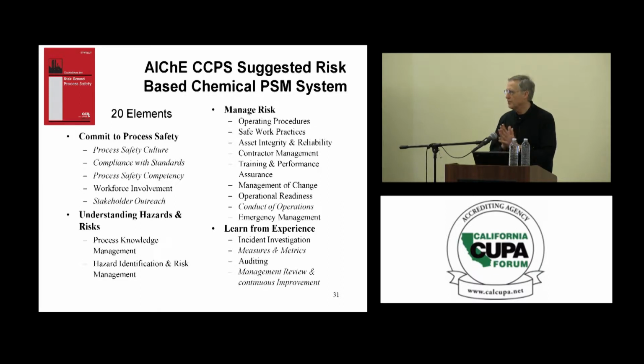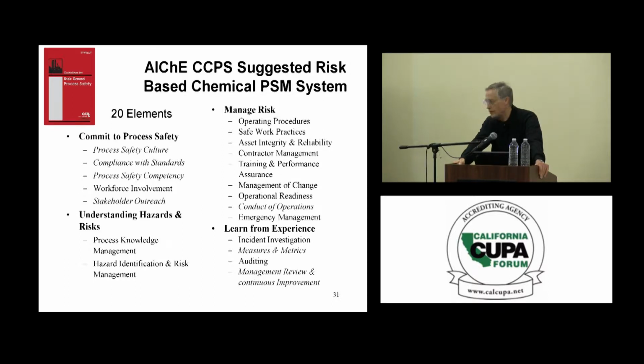The American Institute of Chemical Engineers Center for Chemical Process Safety published a book in 2007 on industry best practices that have been developed over the last 40 or 50 years in the chemical process industry worldwide on how to manage loss, how to prevent and then manage loss of containment events.